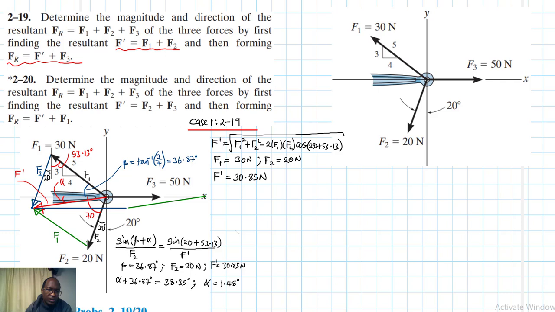I think this is good enough. So we draw the arrows there, like so. And then this one we draw like so. Alright. And then we have the resultant.